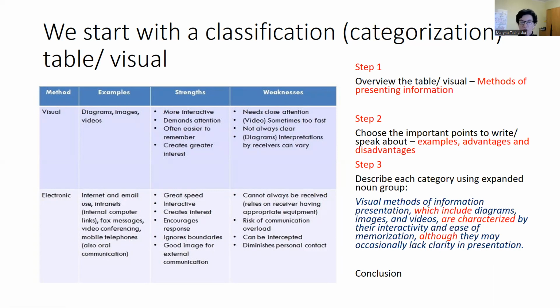So we will use although. So here what we have: visual methods of information presentation, which include diagrams, images, and videos, are characterized by their interactivity and ease of memorization, although they may occasionally lack clarity in presentation.